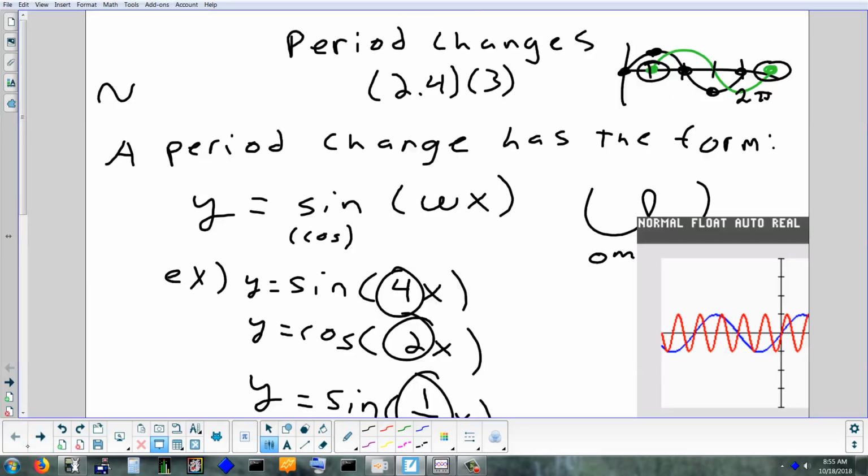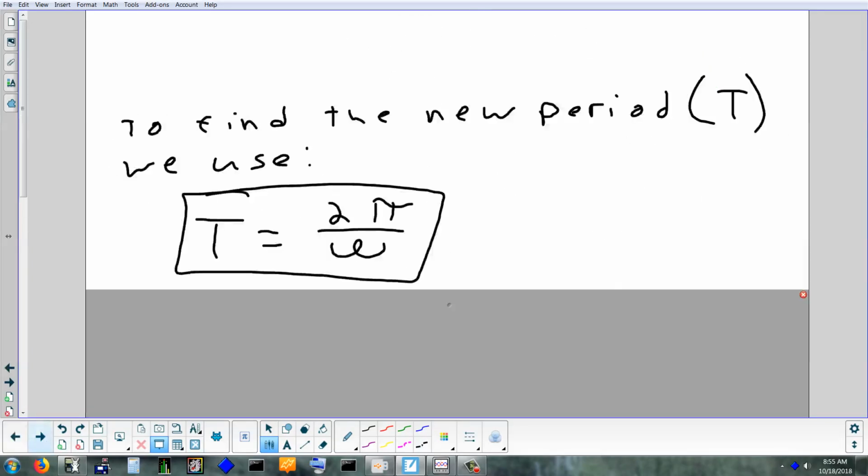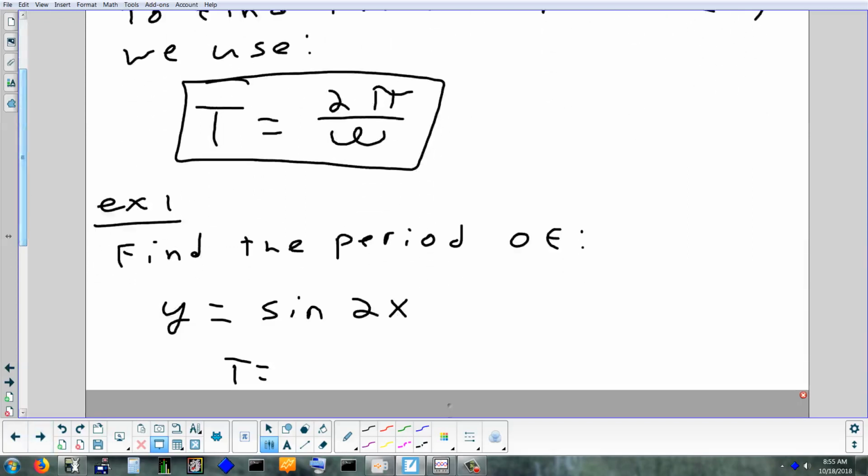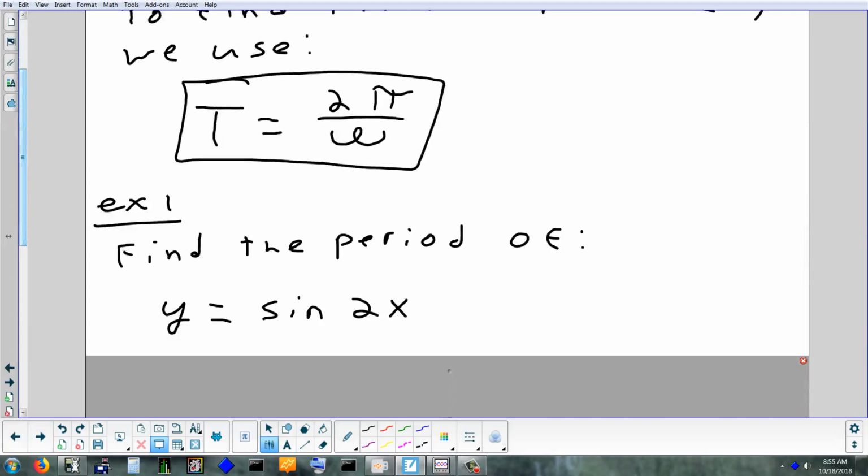All right. So since we are stretching and compressing it, we're changing the cycle. Okay, we're changing the period. So we're going to have some questions that don't ask us to graph it. They just say, find the period. Okay? So it'll be a question like that. Find the period of sine 2x.